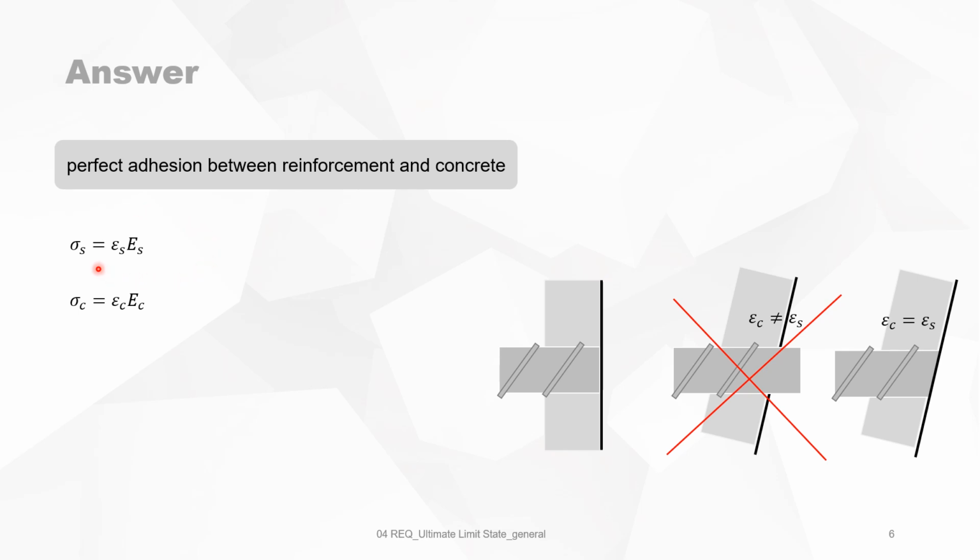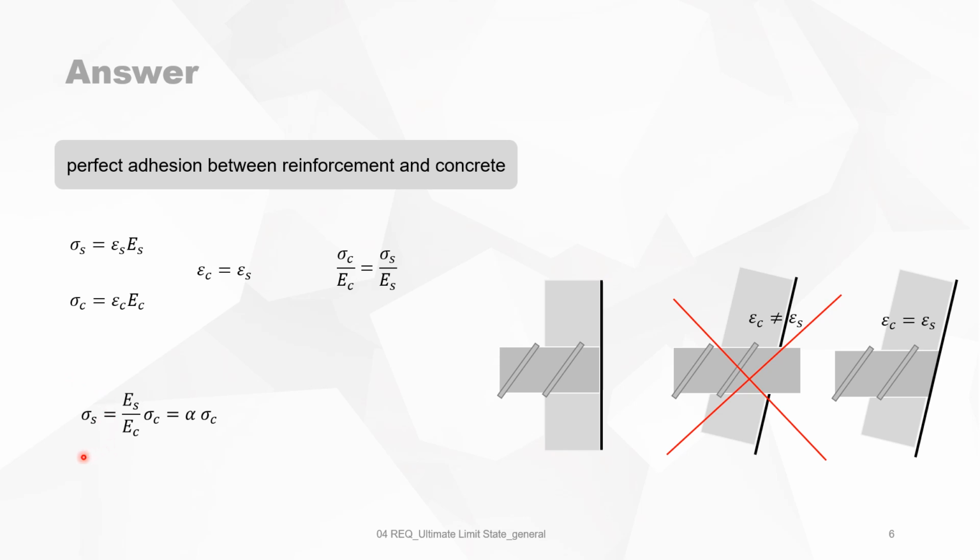The stress in the rebar is of course equal to the strain times the modulus of elasticity, and the same for the concrete. We know now that locally the strain of steel and strain of concrete are equal to each other. So this leads to those two proportions being equal.